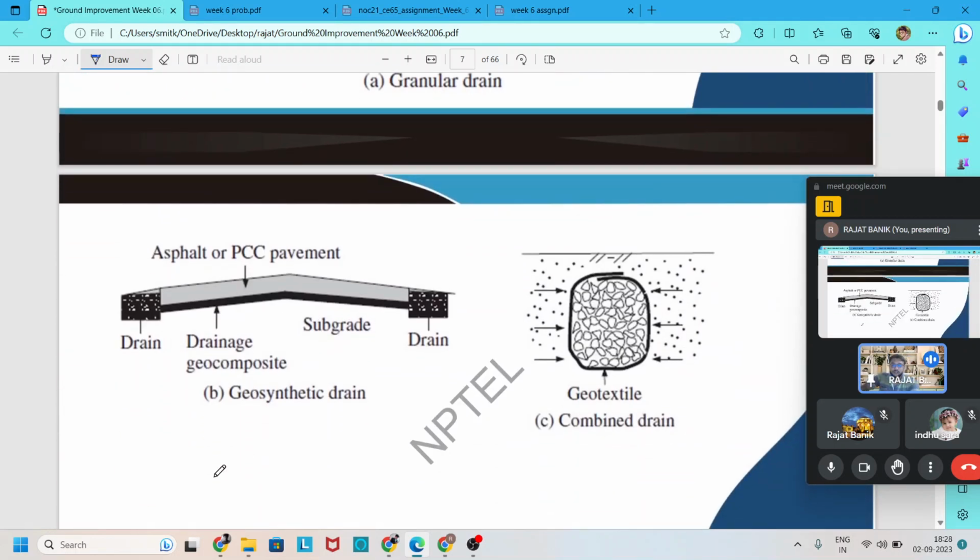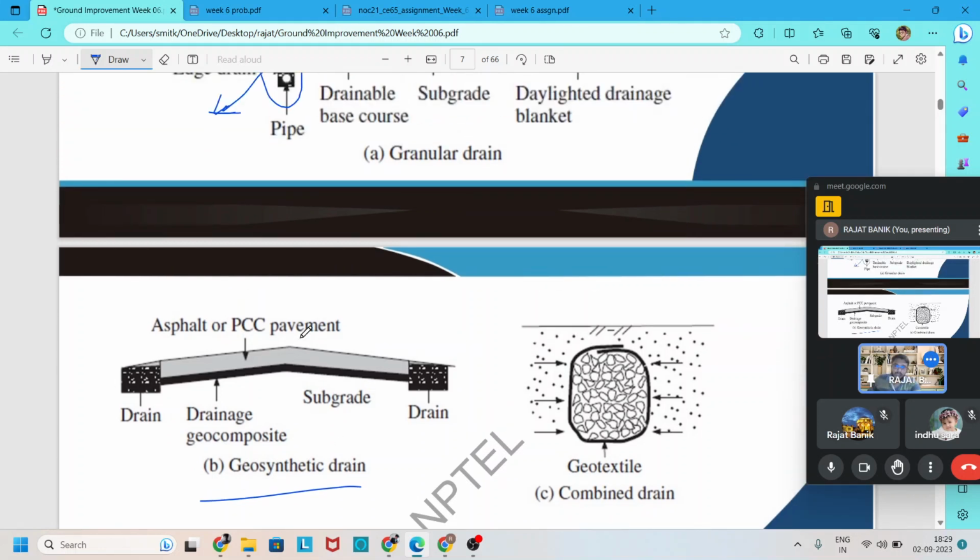Another one is the geosynthetic drain. If we apply a geosynthetic drain in place of a granular drain, that may be called a geosynthetic drain.